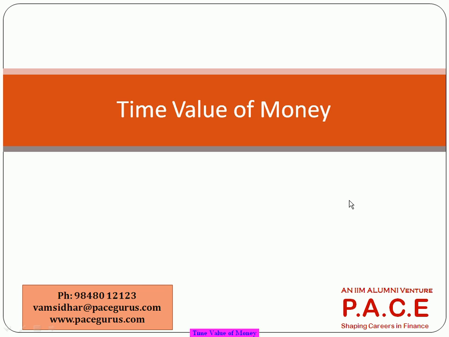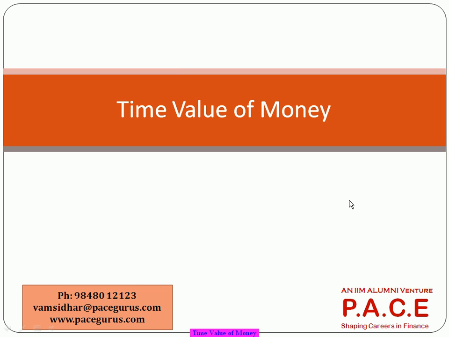If you have it today, you can deposit it for 2 years at some rate of interest, and you are going to get something more than 100. Whereas if someone is giving me 100 after 2 years, then it is 100 only. If you have the 100 today, after 2 years it may be 110 or 115, whatever it is. So that is the fundamental behind the time value of money.